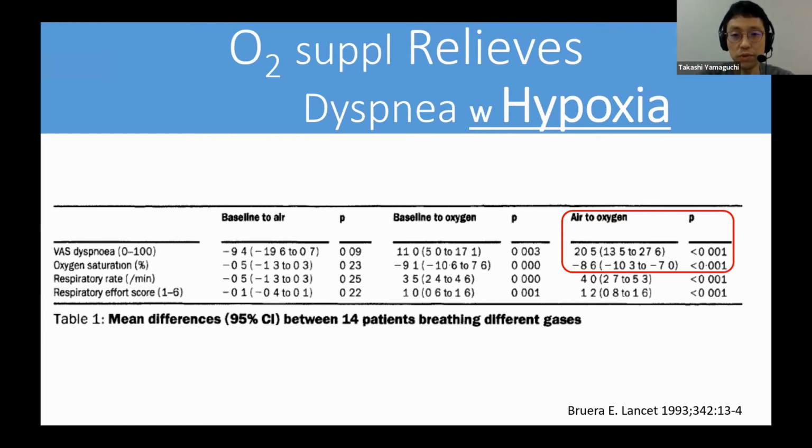So the between-group difference was 20.5, and this is a significant difference, of course, statistically and clinically also. There is another study showing the tendency of improving the dyspnea more in the oxygen group in hypoxemic cancer patients.